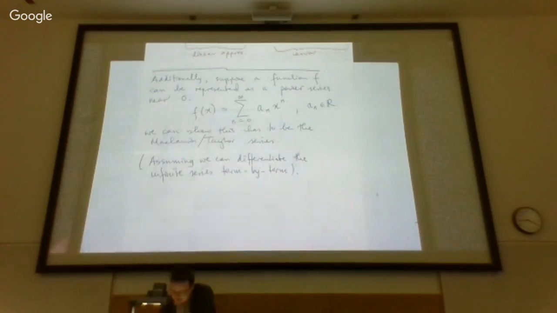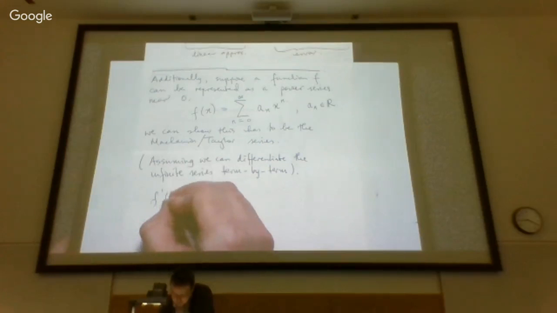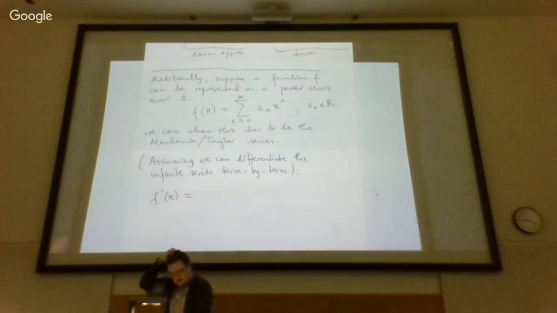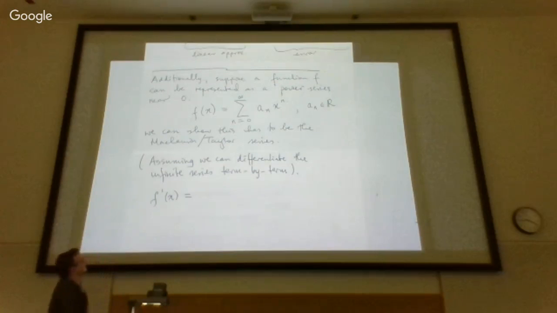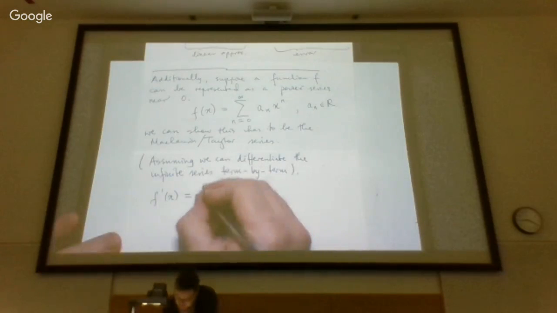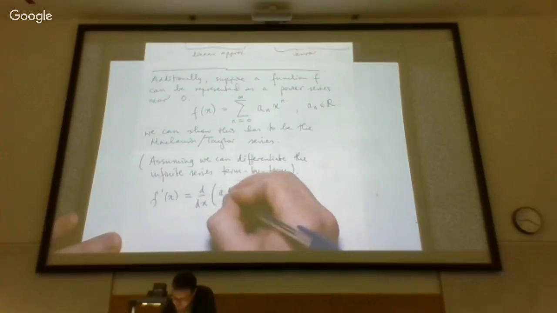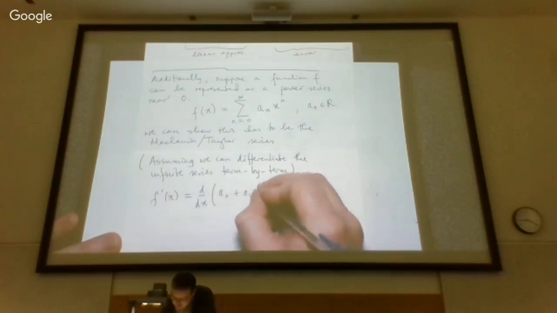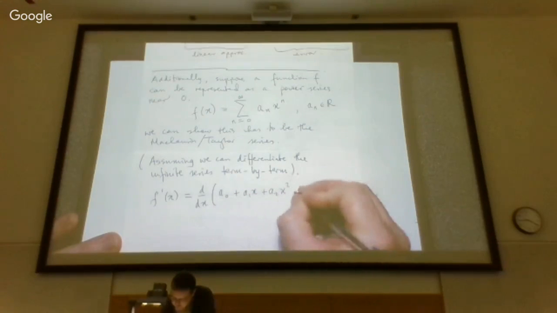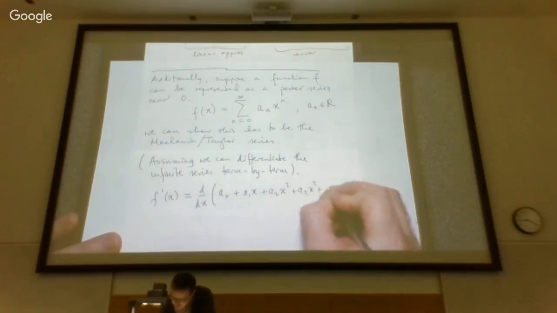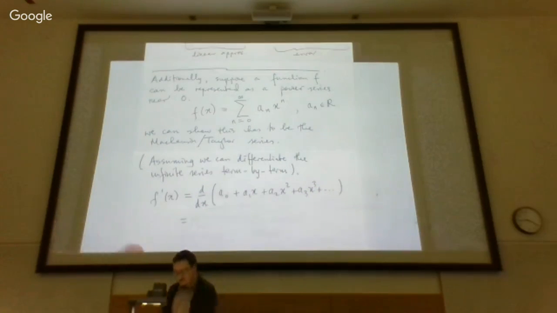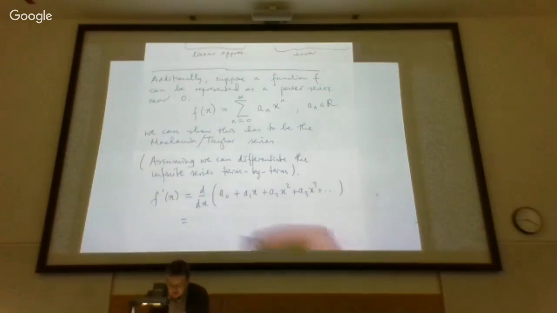So if we differentiate both sides, we get that the derivative of f of x is, well, let's just say d/dx. So what does this power series look like? It looks like a0 plus a1 x plus a2 x squared plus a3 x cubed, etc. Now, if we differentiate that term by term, you see the derivative of a constant is 0. The derivative of a1 x is a1. The derivative of a2 x squared is 2a2 x.